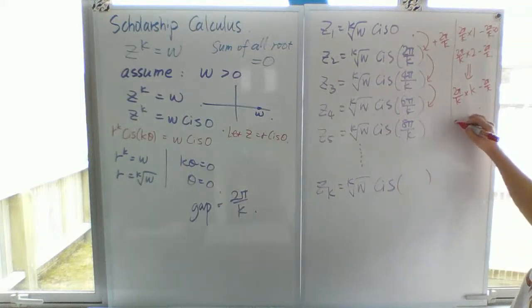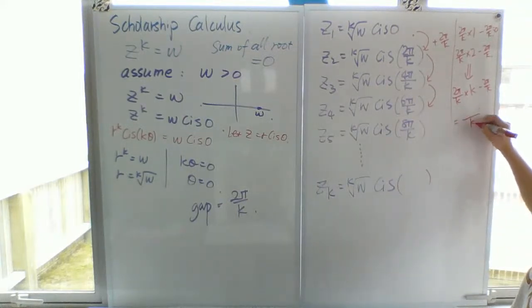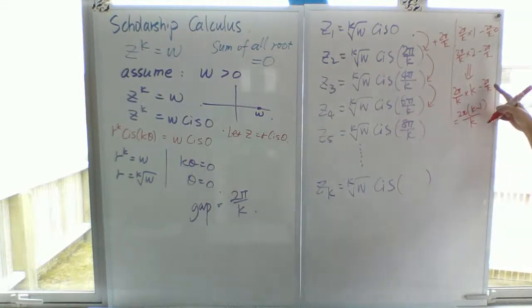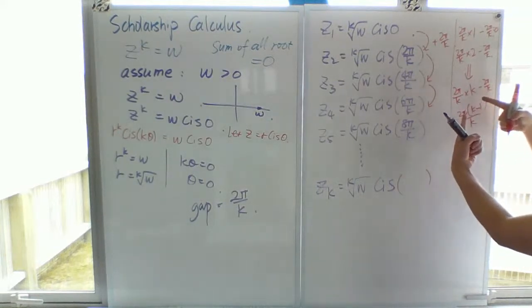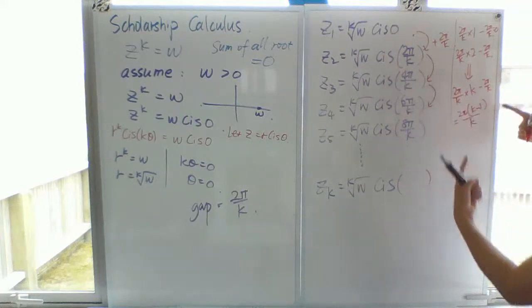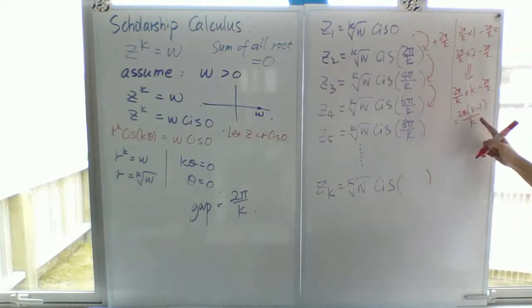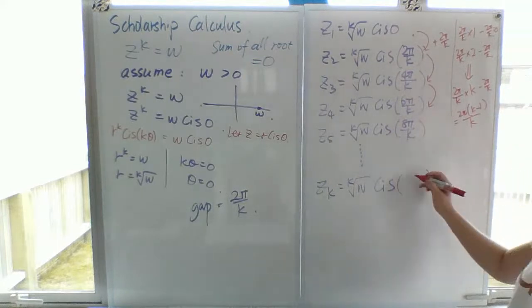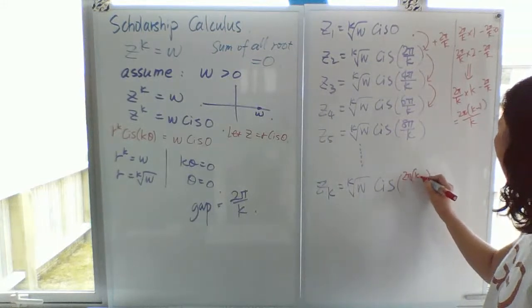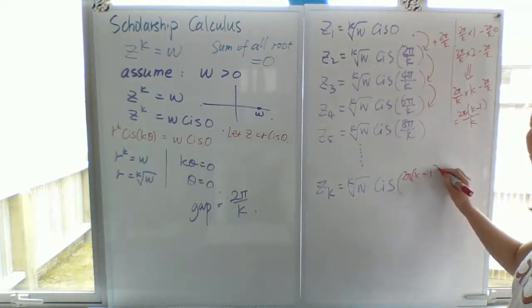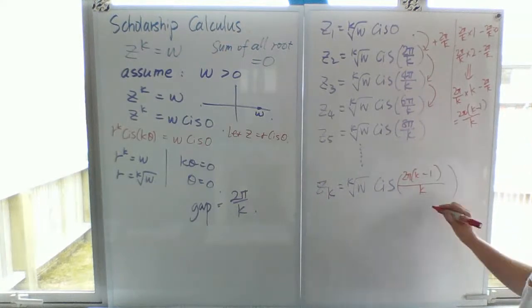If I tidy up a little, there will be 2 pi bracket k minus 1. I combine them as one fraction, and the common factor is 2 pi, so I take the 2 pi out and get k minus 1. So I can write 2 pi (k minus 1) over k.